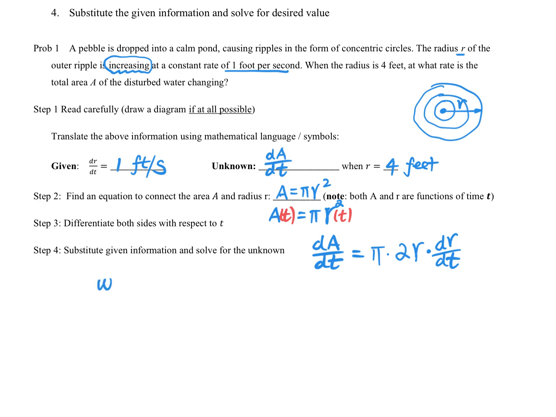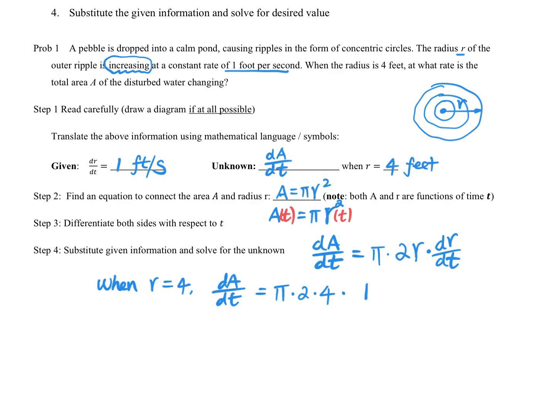So when r is equal to 4, now we can find dA dt, which is pi times 2r. The r is equal to 4, times dr dt, which is 1 feet per second.